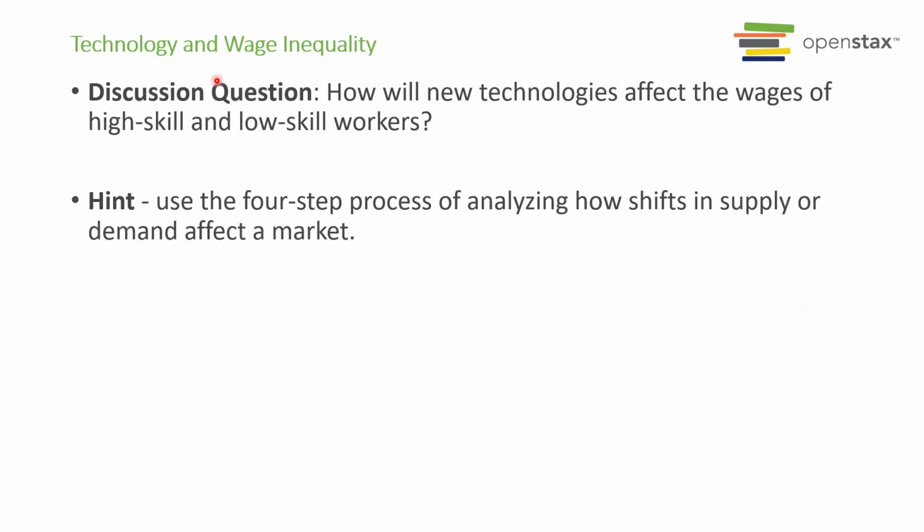Okay, so let's look at an example here after all that. How will new technologies affect the wages of high-skilled and low-skilled workers? It's a very good question, right? So we've got high-skilled versus low-skilled workers, and we have new technologies.